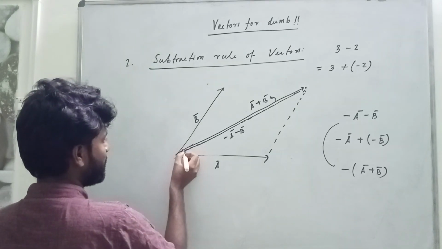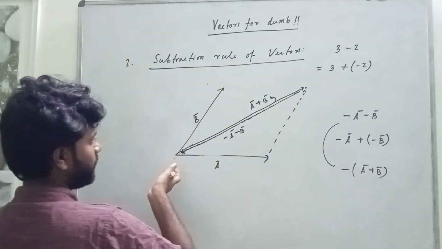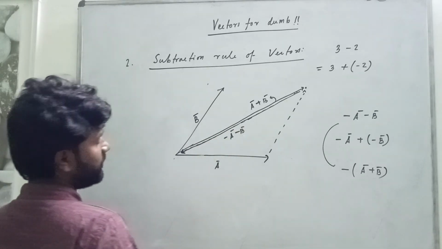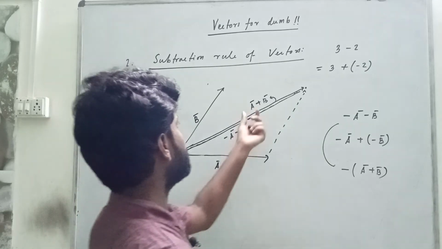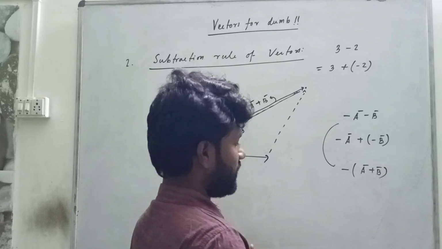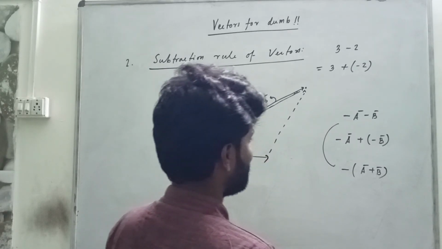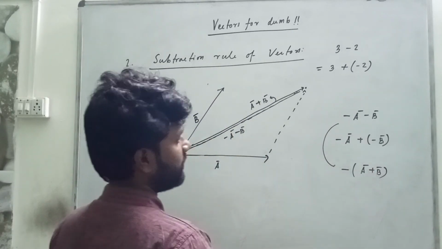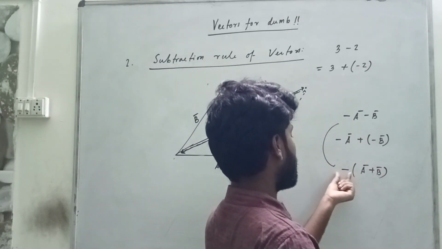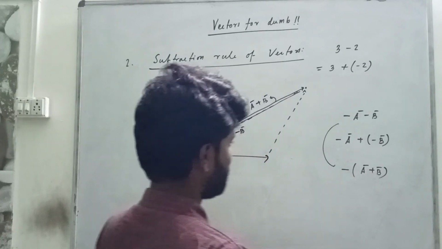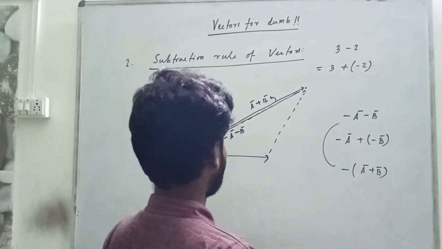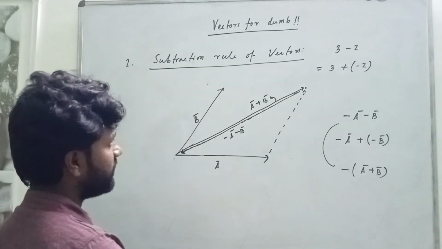I mean this is the direction of minus a minus b, a southwest direction. So the two vectors a plus b and minus a minus b have the same length, but the direction is opposite, because of the minus sign here. Minus a minus b means a minus of a plus b, right? So the direction is opposite and the length is the same.